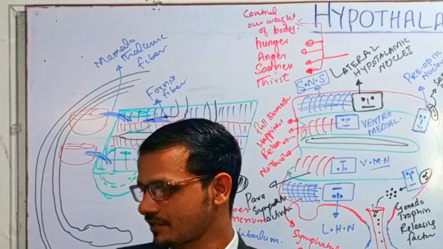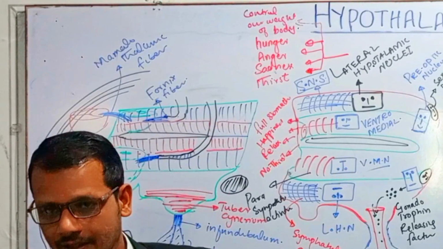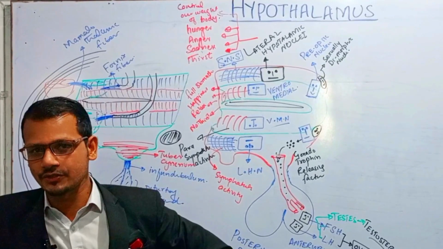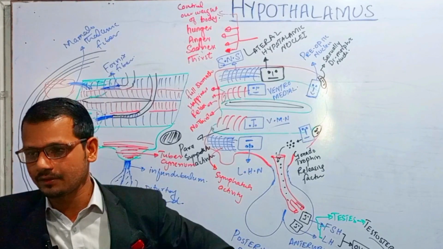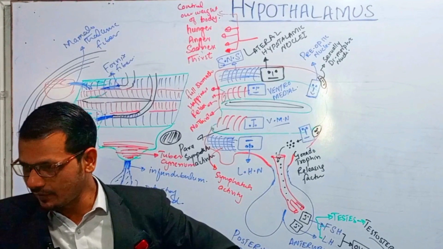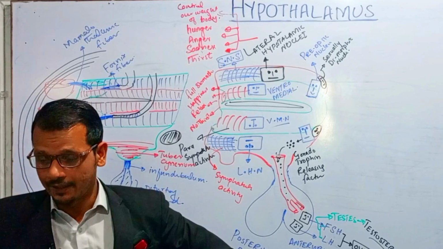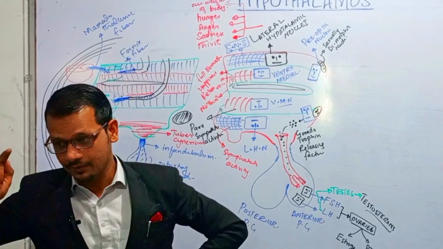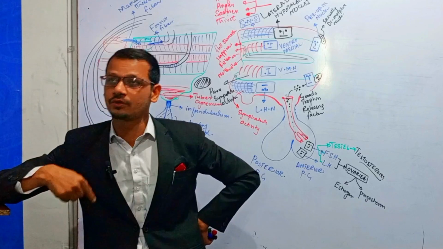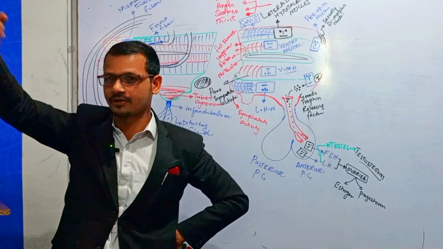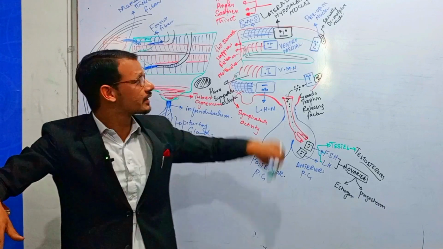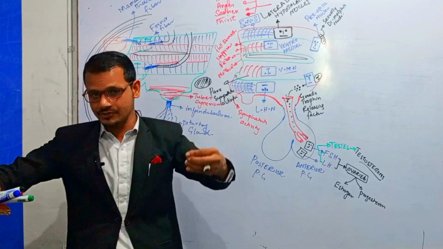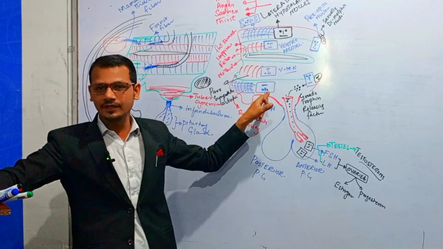For example, if a person is 100 kg initially and starts dieting, and a time occurs when she loses 60 kg, meaning the weight is reducing, and at this time she leaves dieting, her weight will be restored to 100 kg after some months or a year, right? Because these nuclei remember the initial weight. So our weight is controlled by these two nuclei, right?